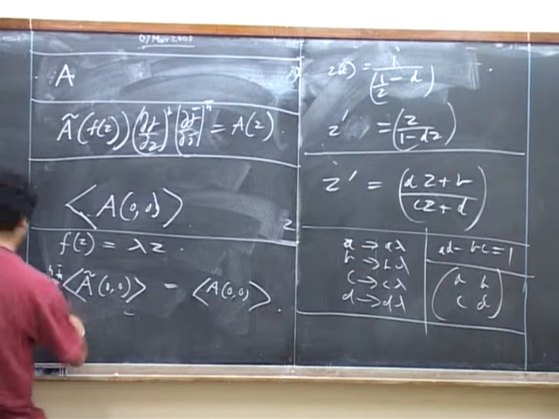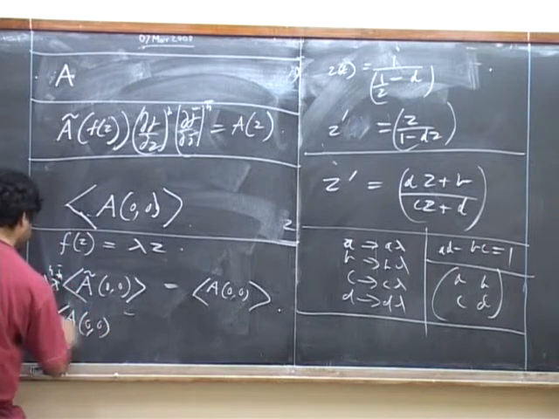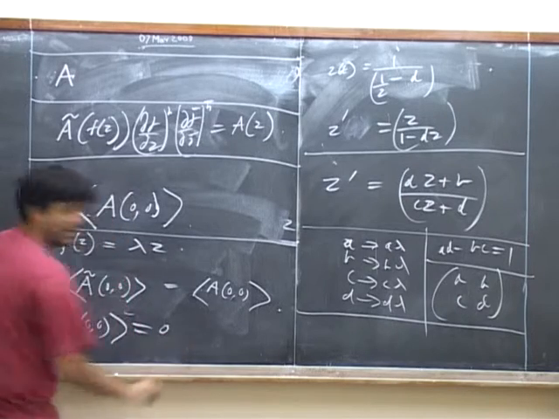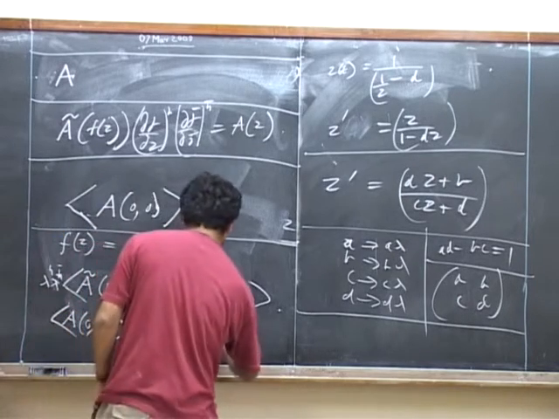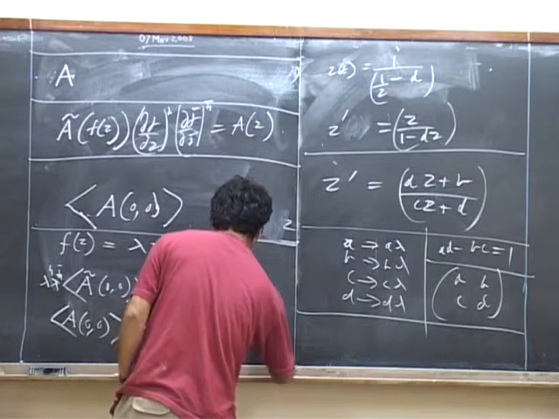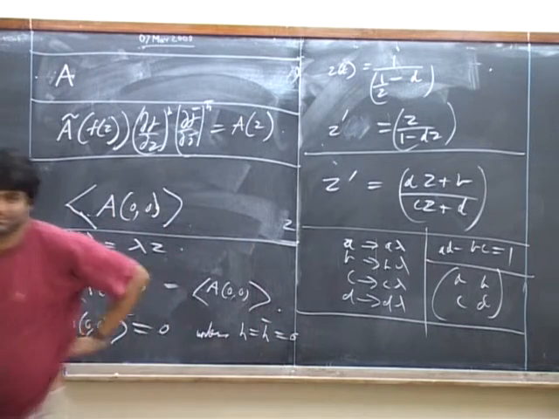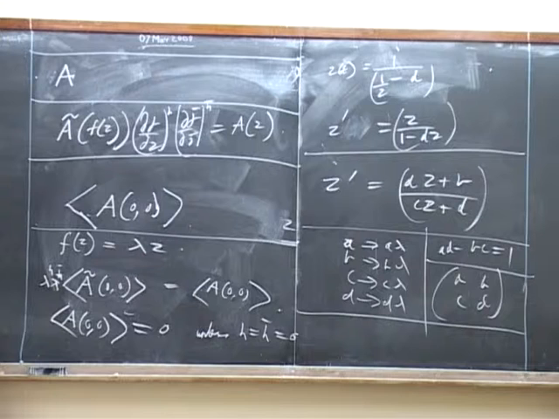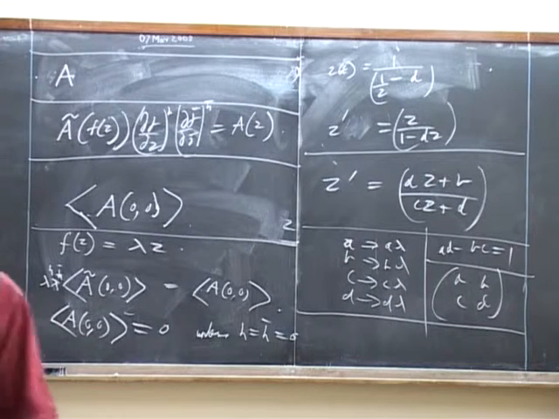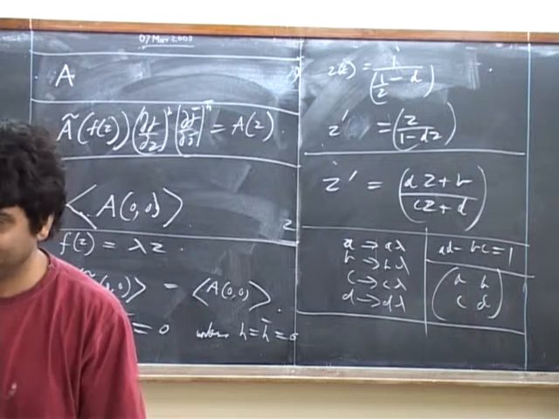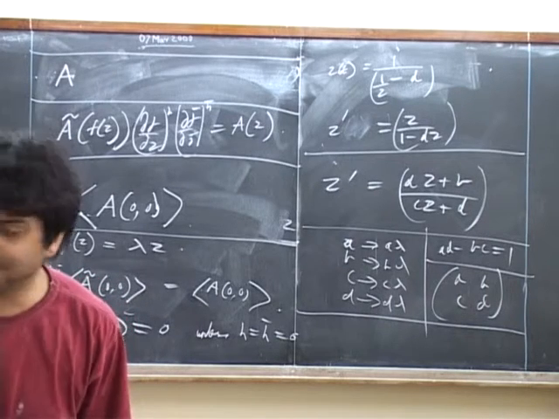Therefore we get the conclusion that A(0,0) is equal to 0 unless, by taking these two to the same side and subtracting, either A is 0 or 1 minus lambda to the power h times lambda bar to the h bar is 0, which is only 0 if h and h bar are both 0.